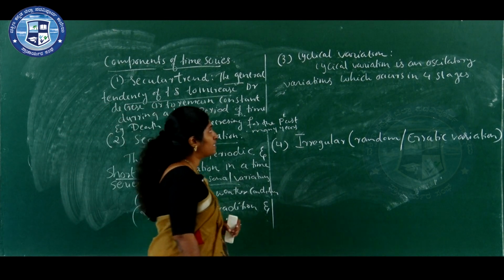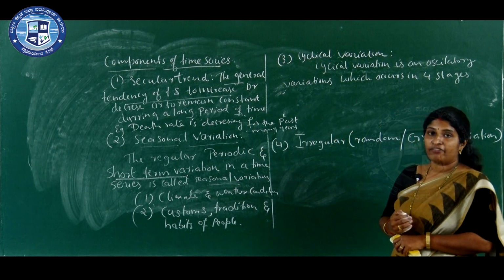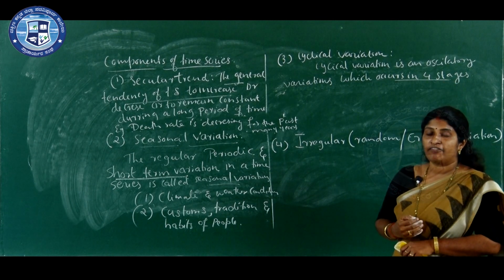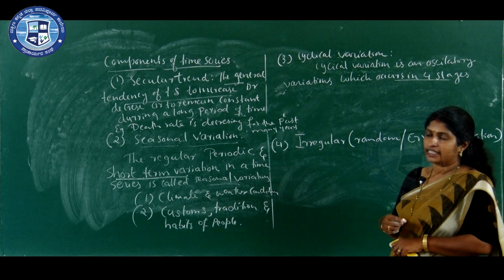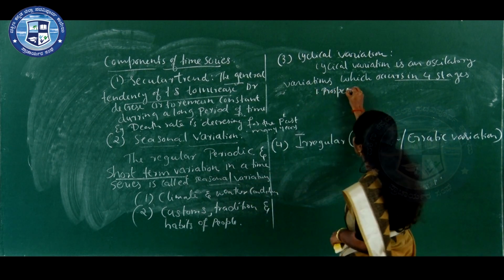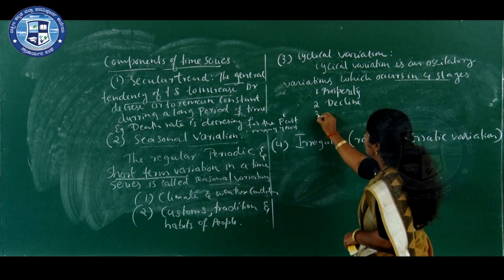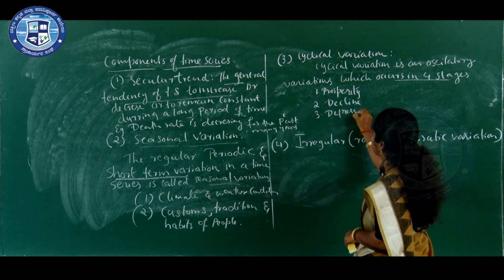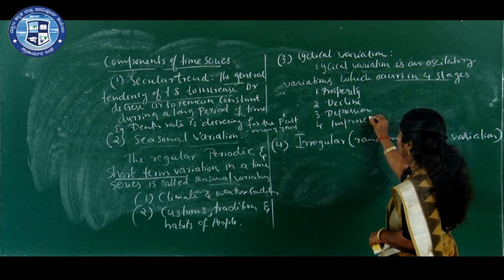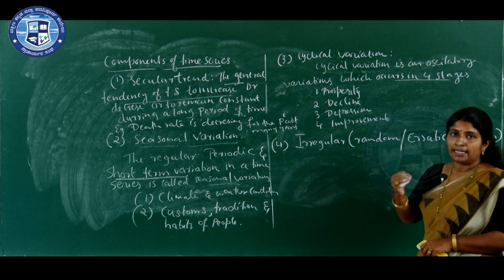And next, third one is cyclical variation. Cyclical variation is an oscillatory variation which occurs in 4 stages. That is prosperity, decline, depression and improvement.